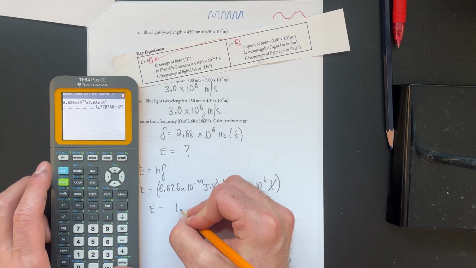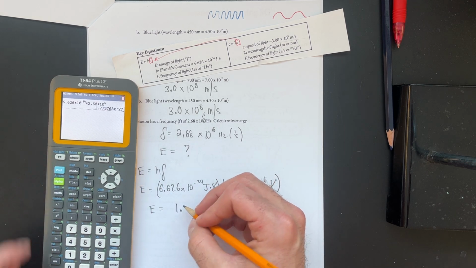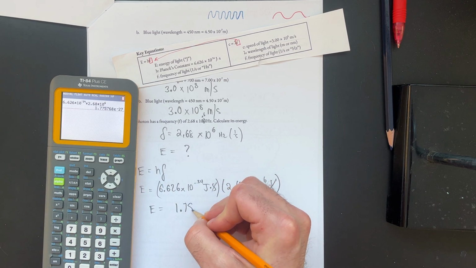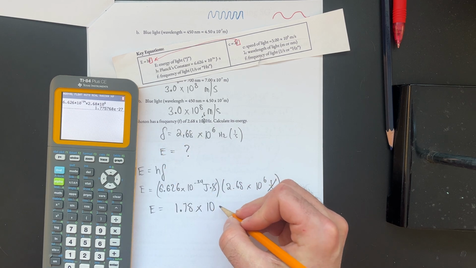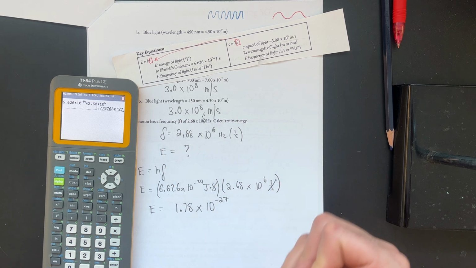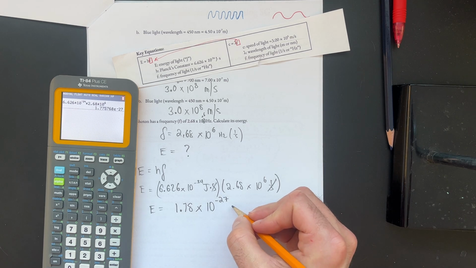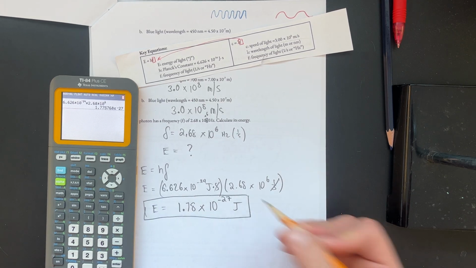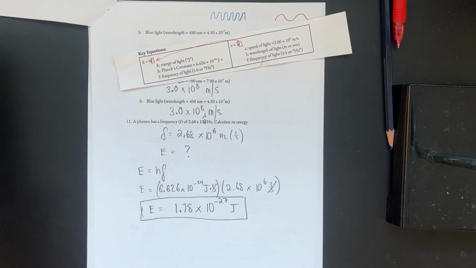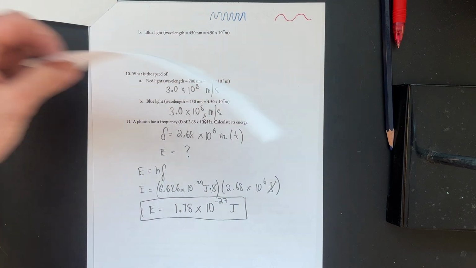You're going to get 1.78, 3 sig figs, because we started off with 3 sig figs, times 10 to the negative 27 joules. And there you go. Cool. So that's how you do that problem.